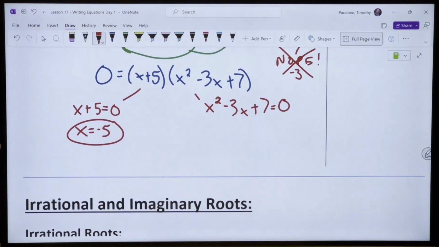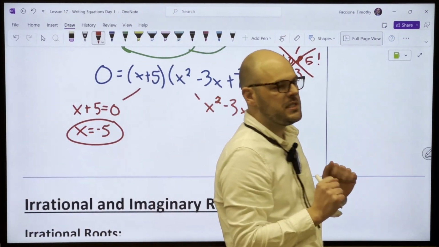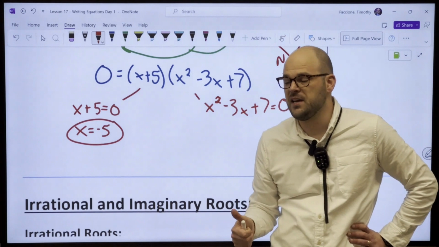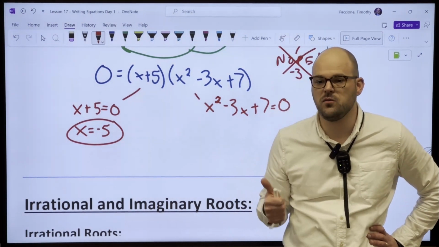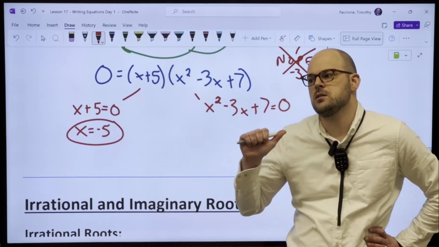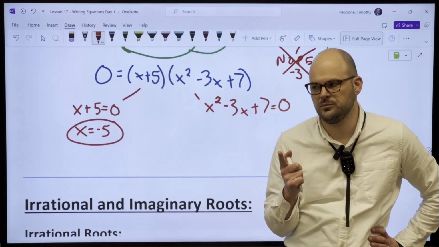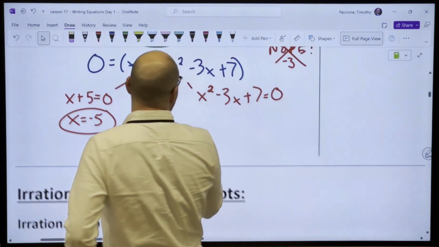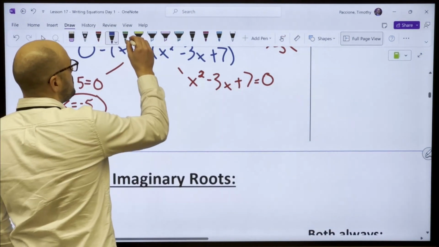Right? And this one, if my teacher just gave me this problem to start, well, I'd think back to the quadratics unit, and I'd think about how you solve when you can't factor a quadratic. And I remember, oh yeah, that's when we use the quadratic formula, right? So that's hopefully where your brain goes, right?